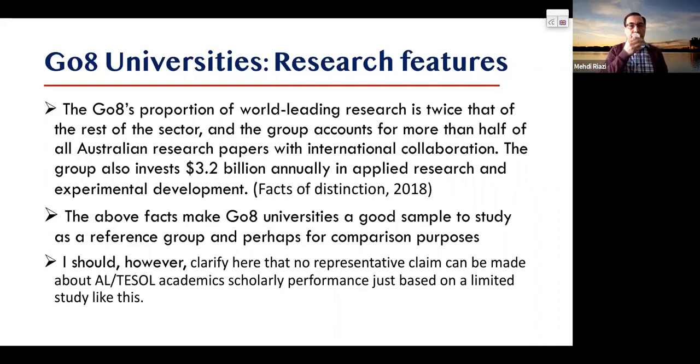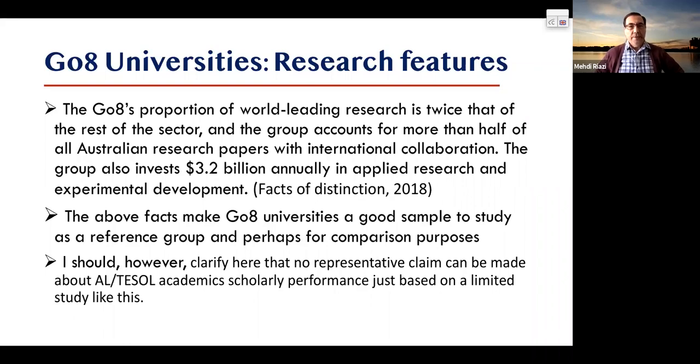Now, the Group of 8 proportion of world-leading research is twice that of the rest of the sector. And the group accounts for more than half of the Australian research papers with international collaboration. The group also invests 3.2 billion annually in applied research and experimental development, based on the reference that I have provided.